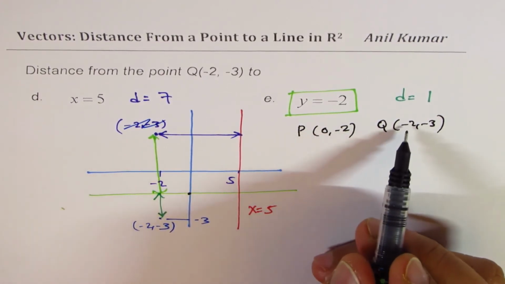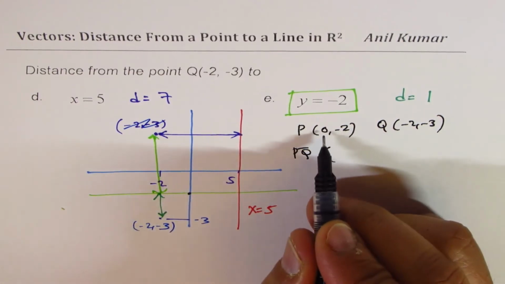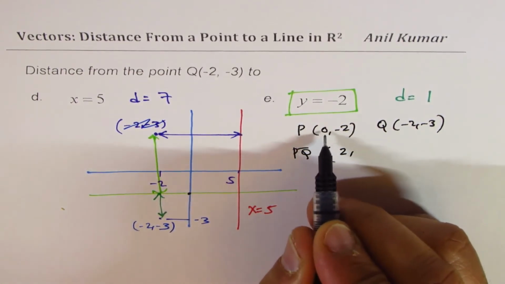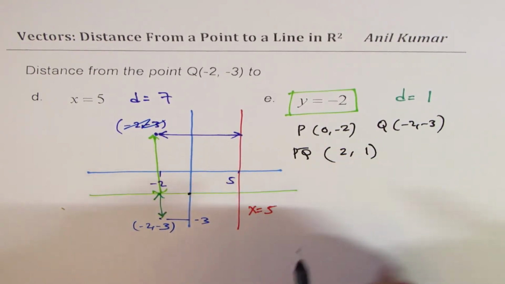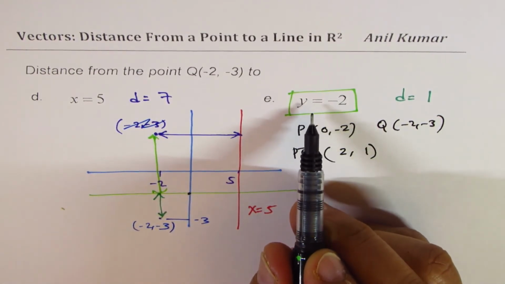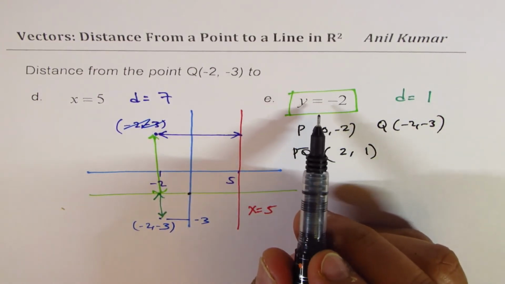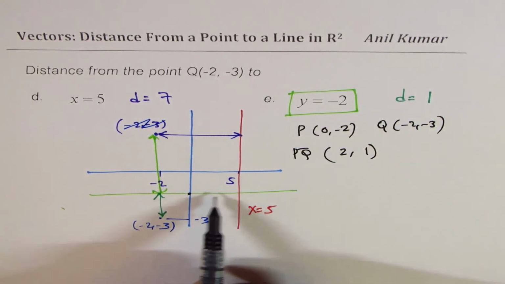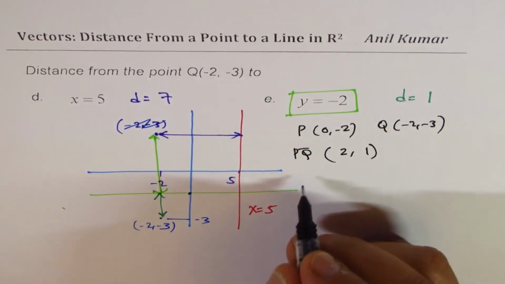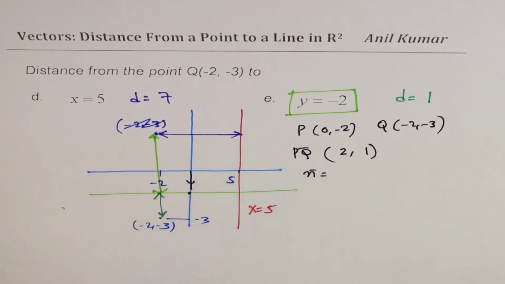Now, PQ is (-2, -1). Now, what is the direction m, and what is the normal direction in this case? When I say y equals -2, you are actually moving in this direction. Is it okay? So the normal to this direction is that direction. Correct?